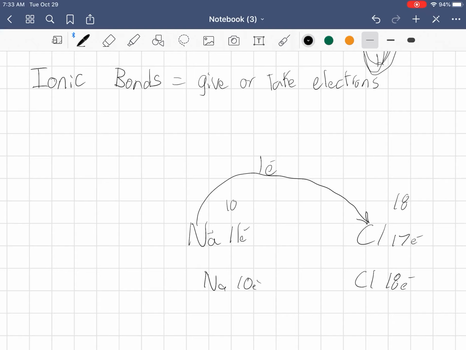Now, we need to consider how many protons and electrons each of these atoms have. Sodium naturally has 11 protons, which have a positive charge, and 10 electrons, which have a negative charge. If I add those two charges together, I end with 1 positive charge, meaning Na, sodium, is now positively charged.